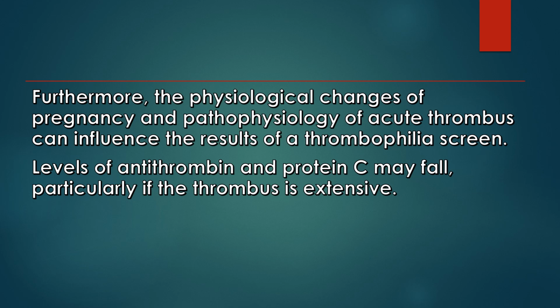Furthermore, the physiological changes of pregnancy and pathophysiology of acute thrombus can influence the results of a thrombophilia screen. Levels of antithrombin and protein C may fall, particularly if the thrombus is extensive.